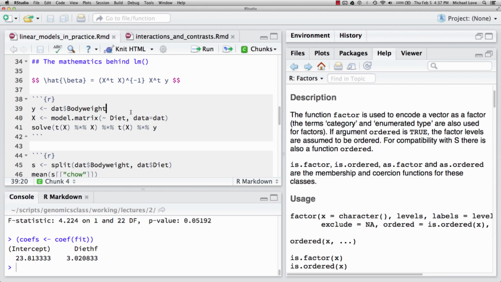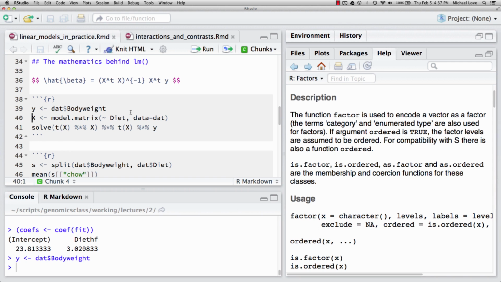And just to prove that LM is doing the same thing as the formula we saw, body weight is our y, our model matrix was x, and we can write out in R the same as the mathematical formula. Solve is the inverse of x transpose times x, multiply that by x transpose times y, and you get your 23.8 and your 3.02 as a column vector, which we call beta.